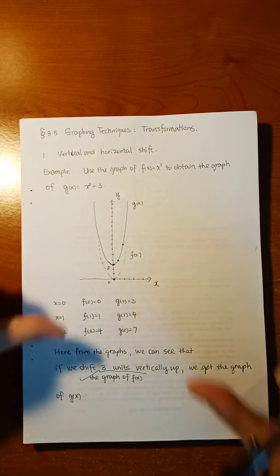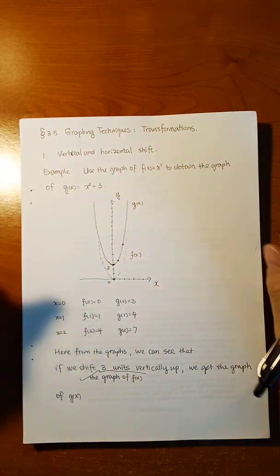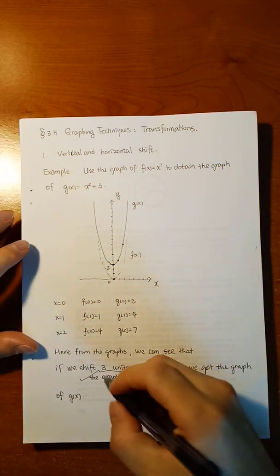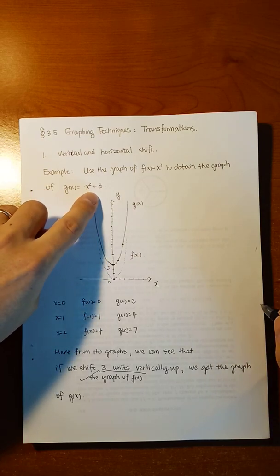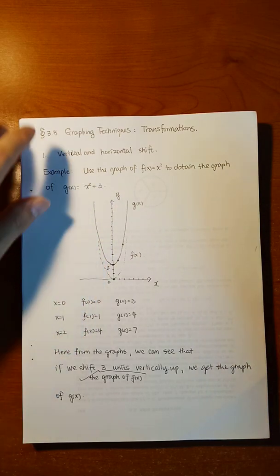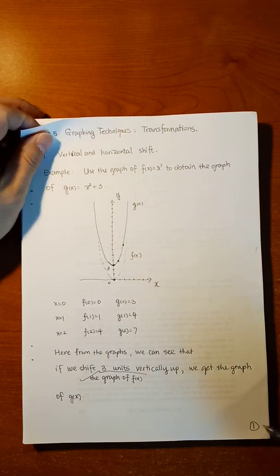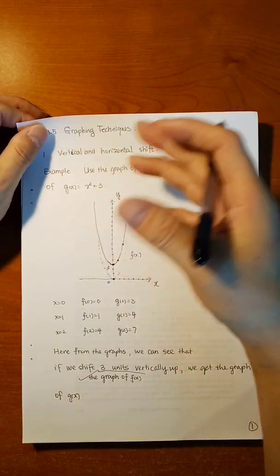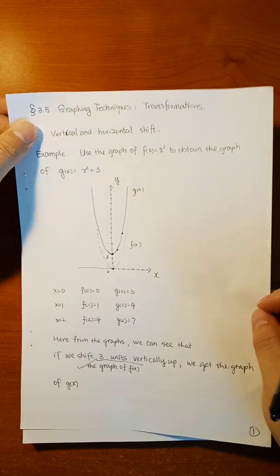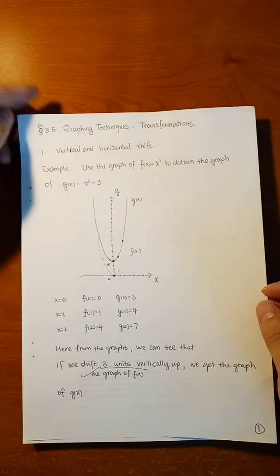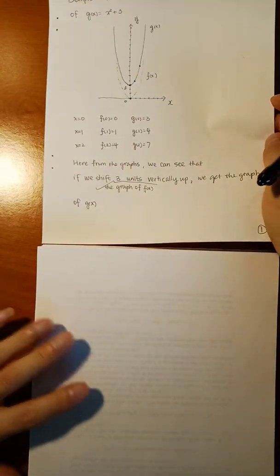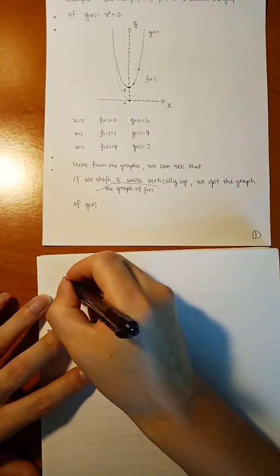So just directly shift it 3 units up, we will get g(x). It's why we shift it 3 units up, because we add 3. You add 3. Okay? When you directly add 3, you shift the graph vertically up certain units.